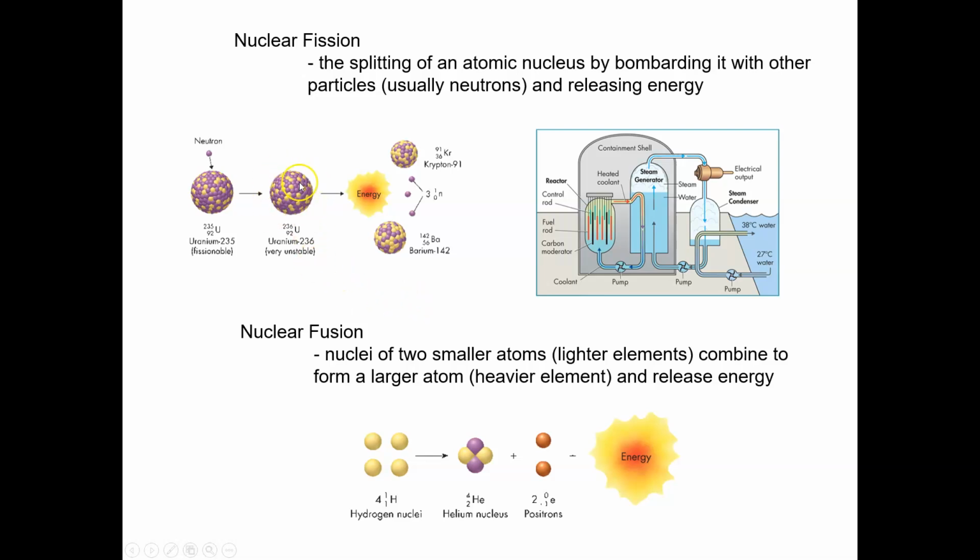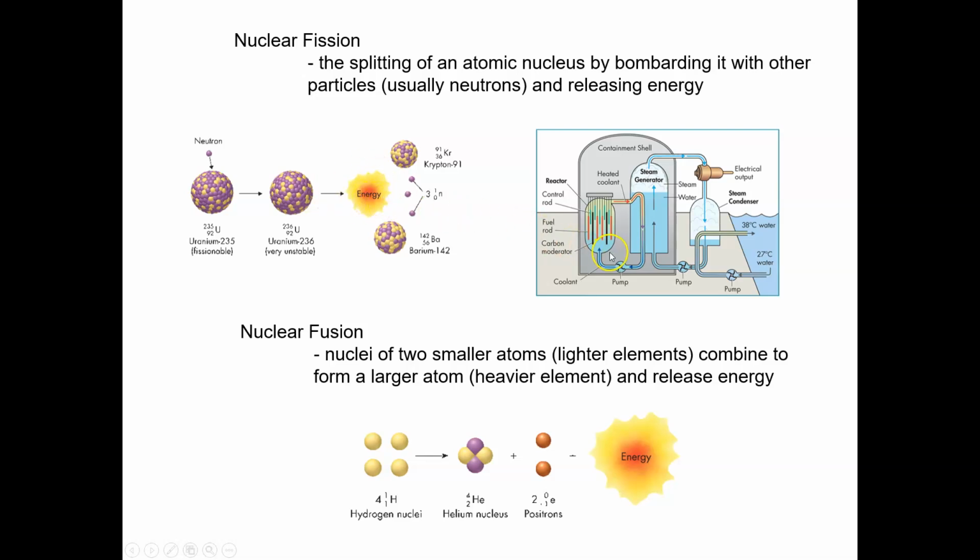If we take, let's say, a really big nucleus that's unstable, like uranium-235, and we shoot neutrons at it, and one of the neutrons hits this very unstable nucleus, and instead of having to wait 4.5 billion years, it immediately causes it to split. There's some energy that we get out of that.